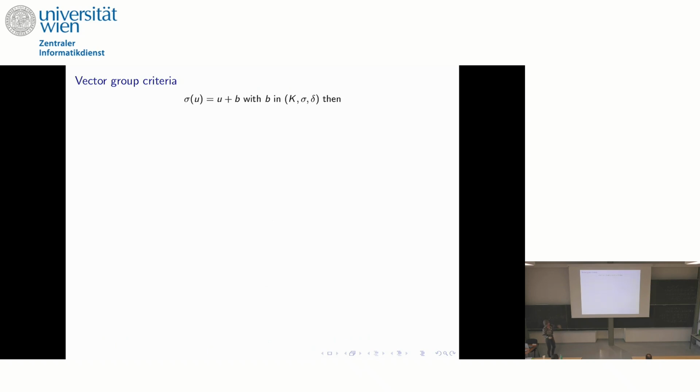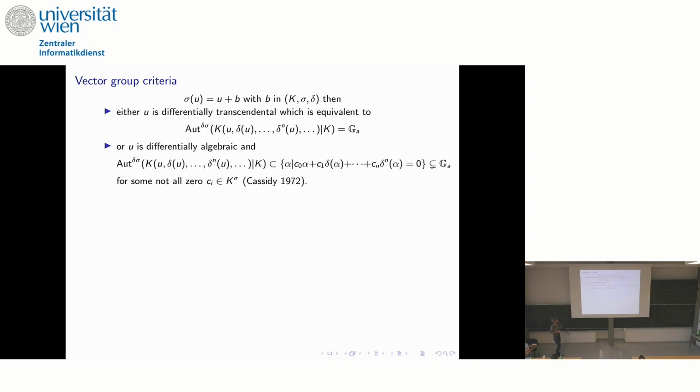Okay, so let us start with a simple equation, rank 1 and non-homogeneous, with some b in my base field. Then, in that case, it's not difficult to see that either u is differentially transcendental, which is equivalent to the fact that my parameterized Galois group is equal to G_a, or I will have a differentially algebraic solution and a proper subgroup.